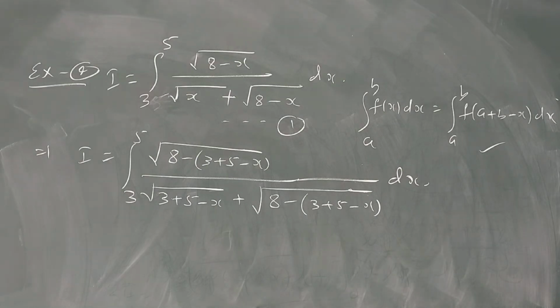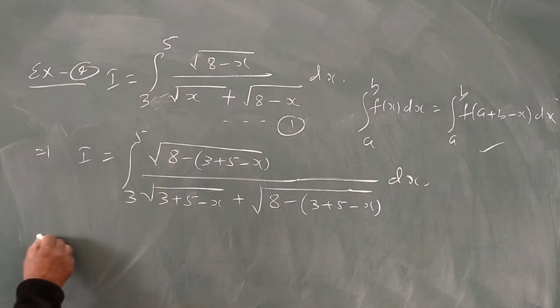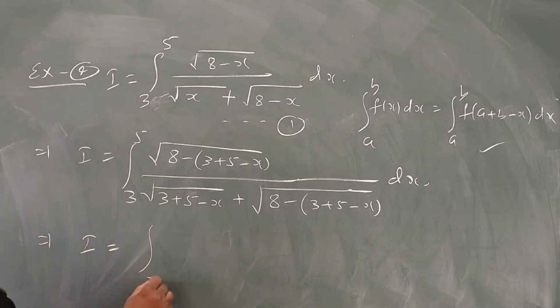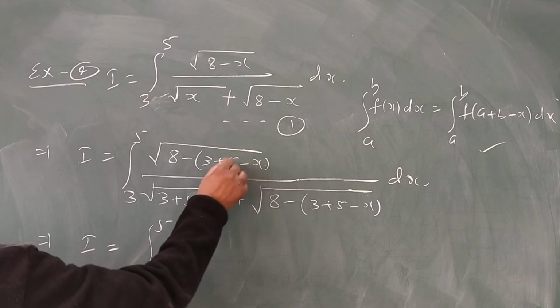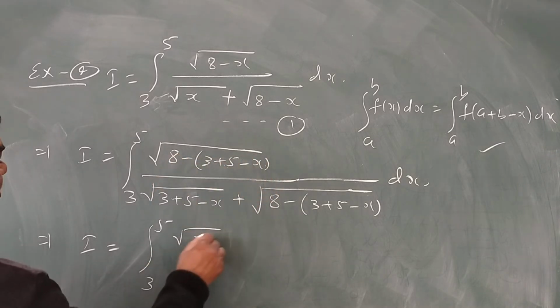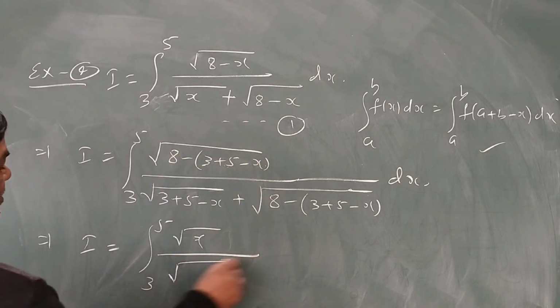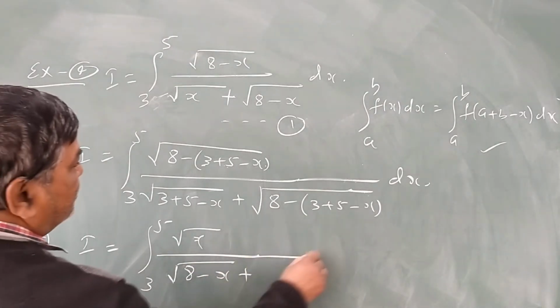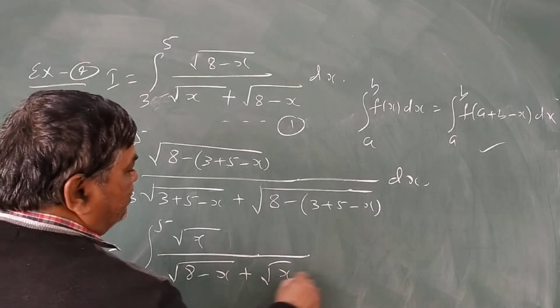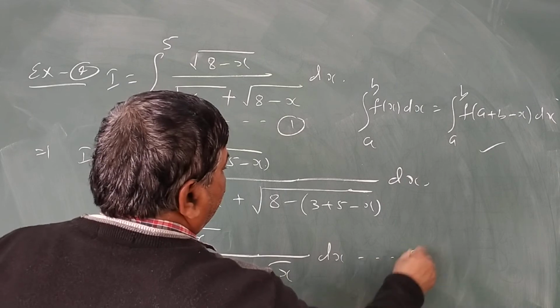Keep the property in mind, as we do all the work according to the property. So this is your I equal to the integral from 3 to 5 of root x, the 8 cancels, divided by root(8 minus x) plus root x dx. This is equation number 2.